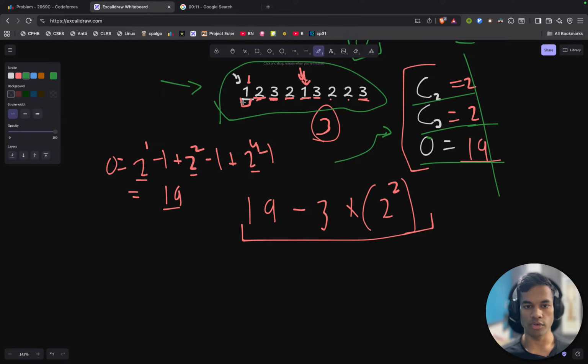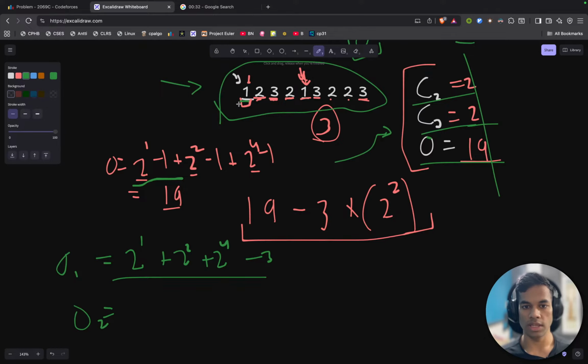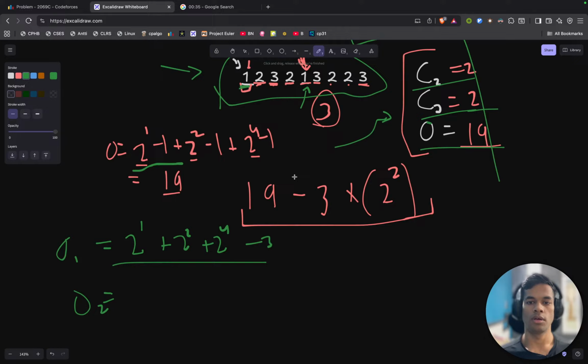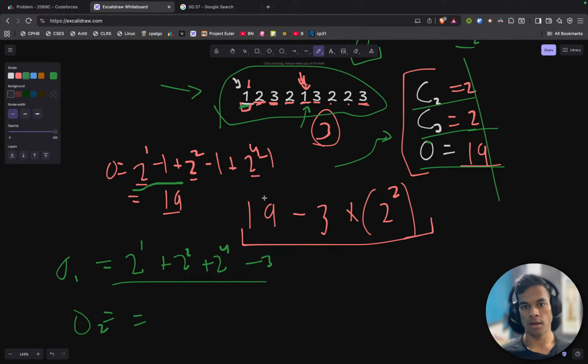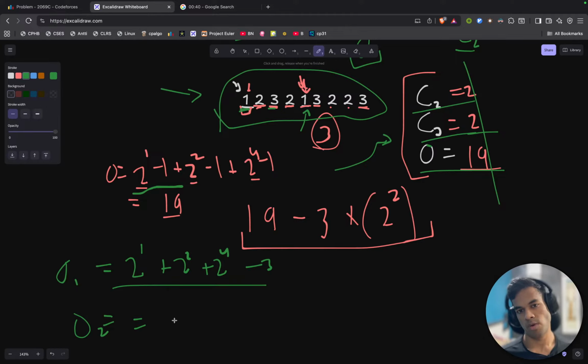If we write down the equation for this first one, which is just this 2 power 1 minus 1 plus, let's rewrite this original equation: 2 power 1 plus 2 power 2 plus 2 power 4 minus 3. This was the original equation for the first one. And for this one, the equation would be 2 power 0, and I think we should say 2 power 0 for this one.